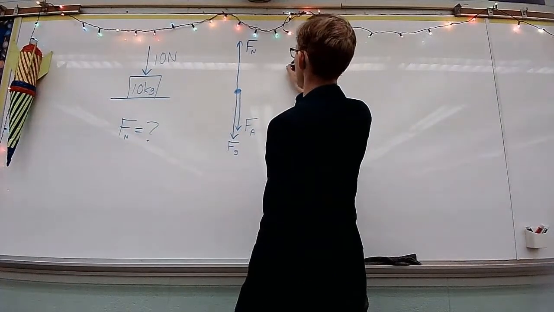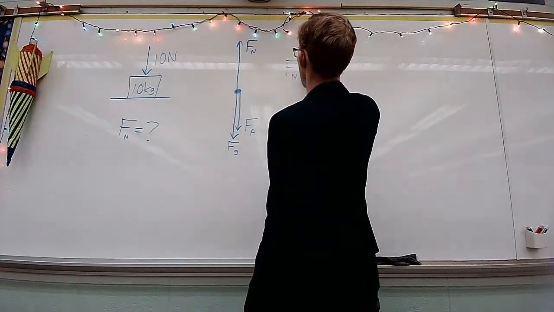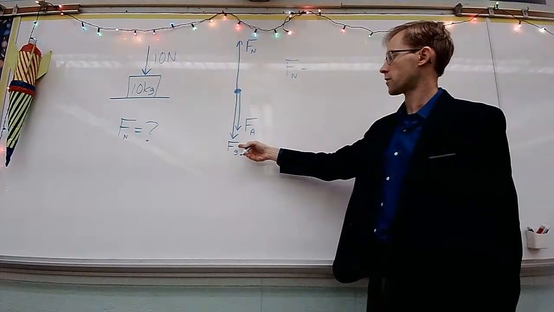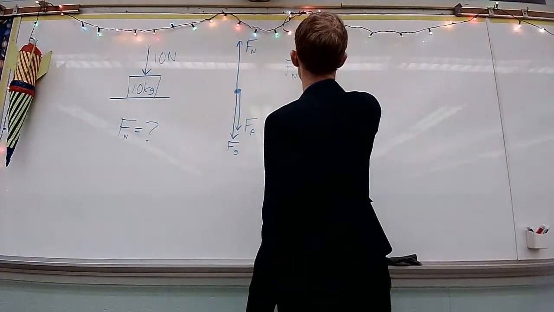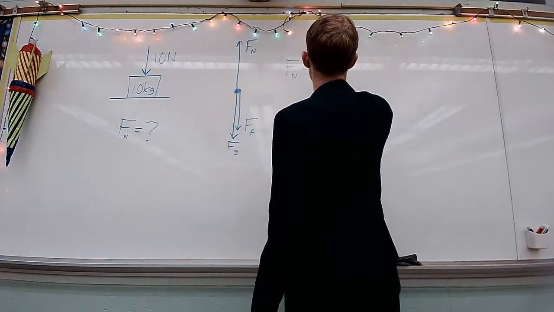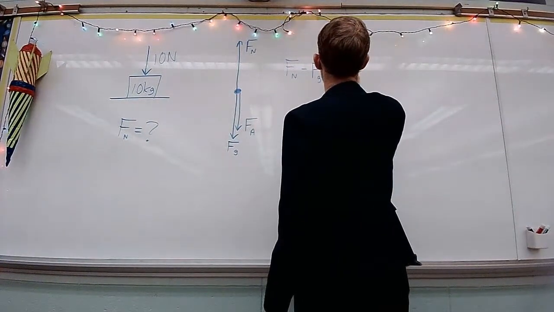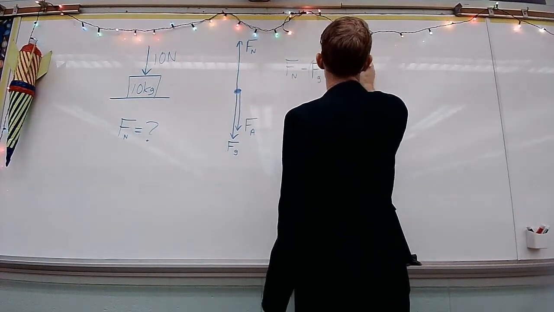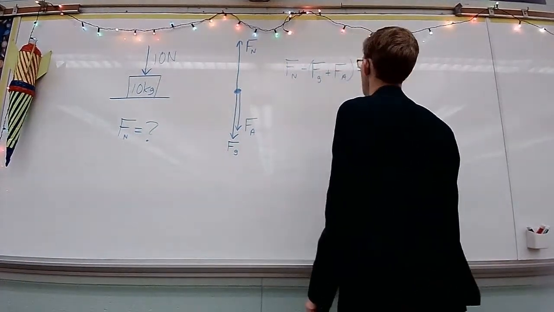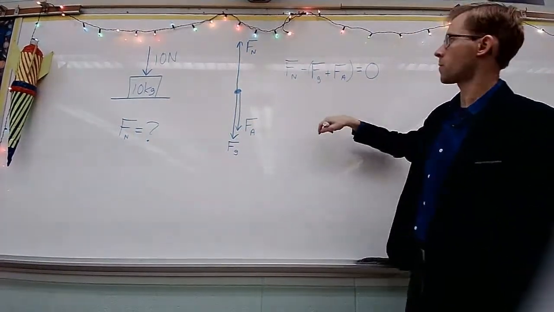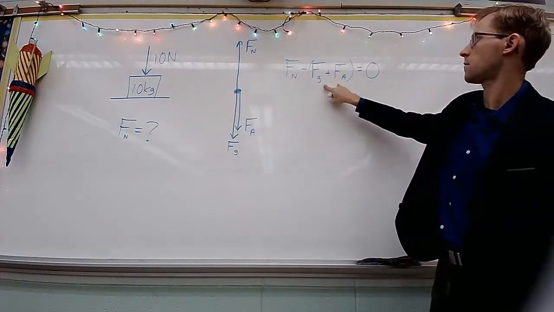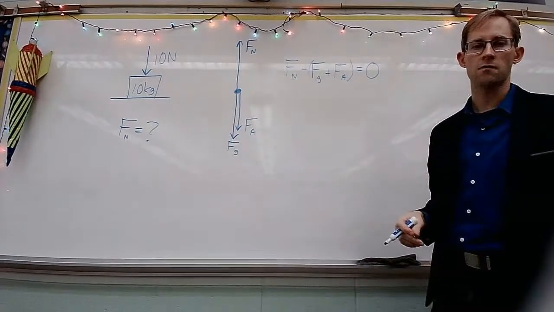So my equation is going to be normal force minus force of gravity and applied force, and that's all equal to 0. So normal force up, and from normal force you're subtracting the combination of gravity and applied force.